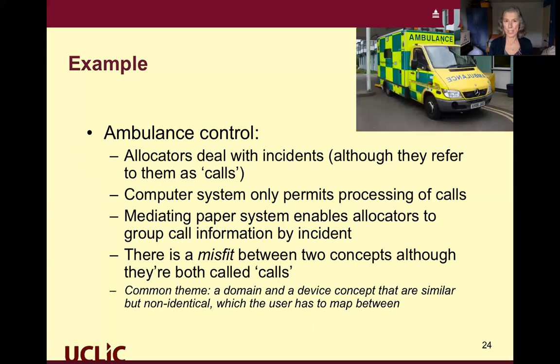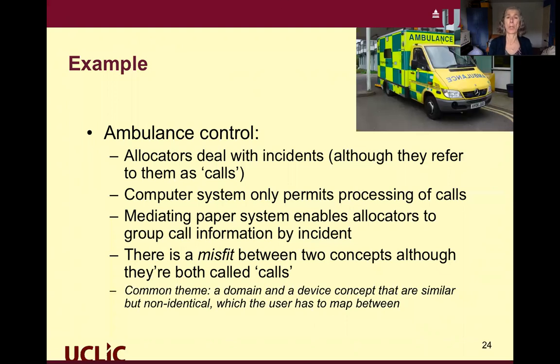So they have to decide what kind of vehicle to send, with what kind of crew, and how many vehicles to any given incident. The computer system that they were working with at the time that we did this study only allowed them to process calls. So every time somebody dials, in the UK it's 999, I realise many other countries it's 112 or 911 or whatever that emergency number is, somebody has phoned up to report an incident that requires urgent medical intervention.